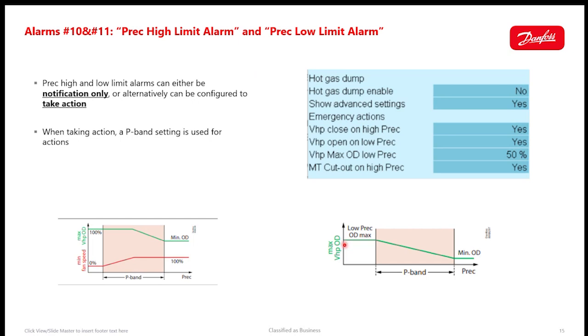And so when we're in this area, the max VHP, or a max high pressure valve opening degree, we have that P band that we're adding in this case. So 480 plus 40 is 520. We'll start to reduce that. We'll start to force that high pressure valve open as that P band is working towards the lower end.